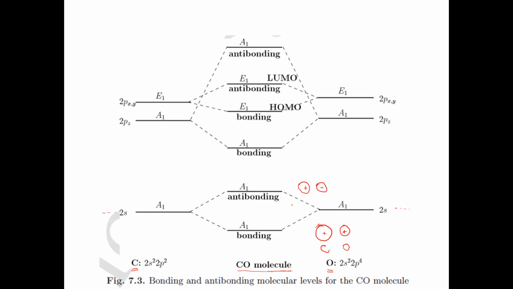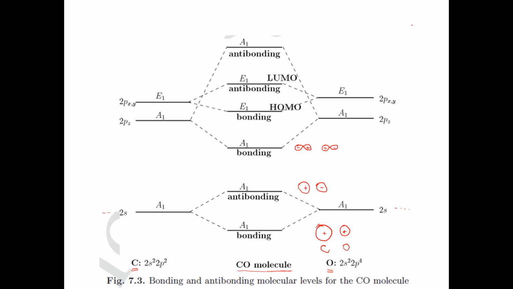Okay, so now let's look at the pz and pxy orbitals. Let's look at the pz states first. So I have to combine a pz state from carbon and the pz state from oxygen in a bonding way. So the way to do this is working with the phases like this. This is a bonding combination of pz.